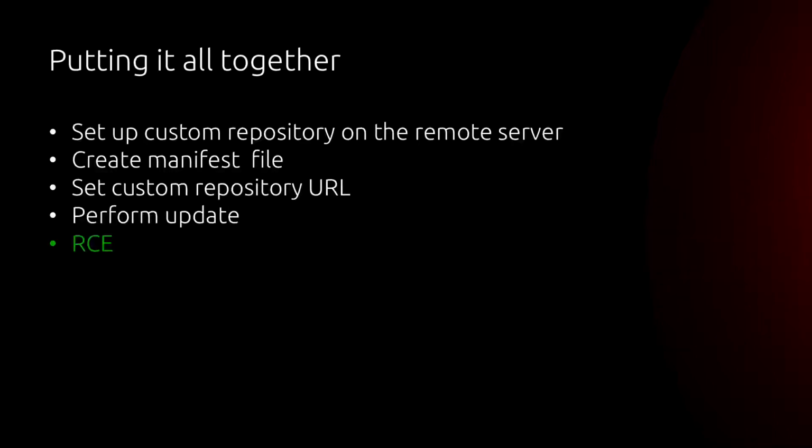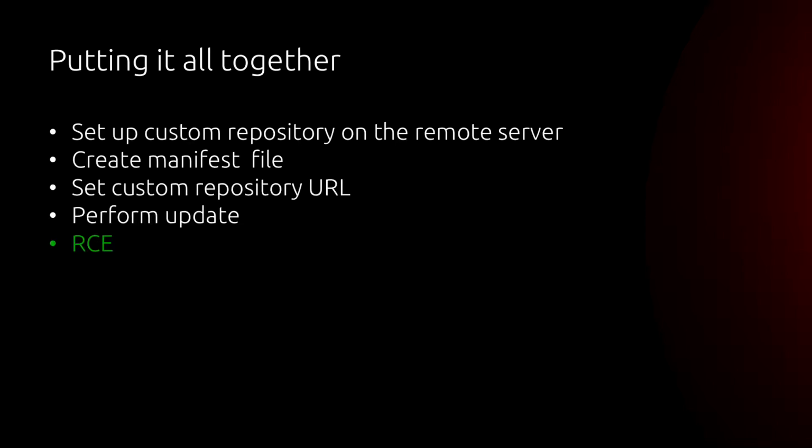Putting it all together. First of all, we create a custom repository on the remote server. We just need to set up an HTTP server that contains the manifest file. At the second step, we create the manifest file and upload it into the web directory of our repository server. The manifest file will contain the code which will be executed on the vulnerable server.